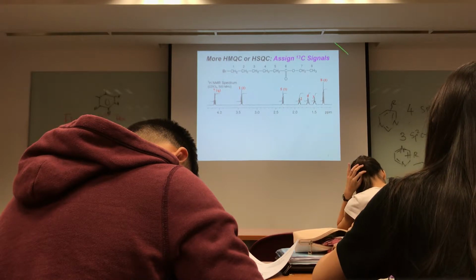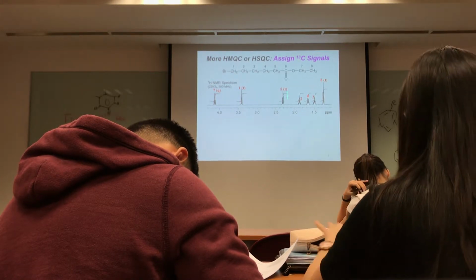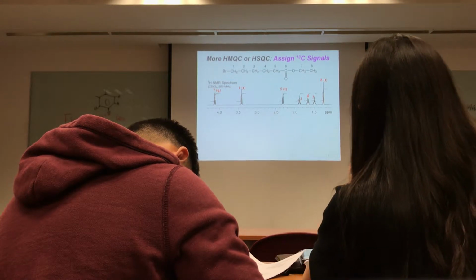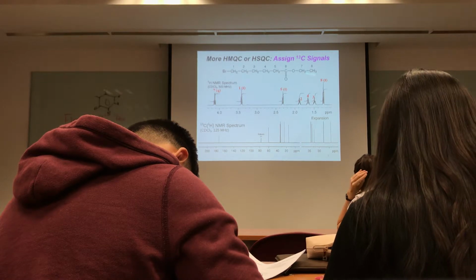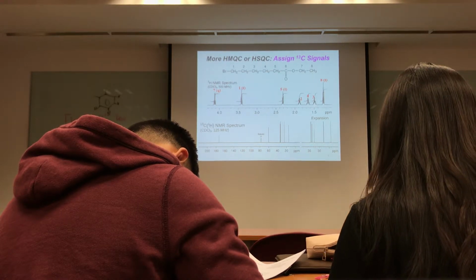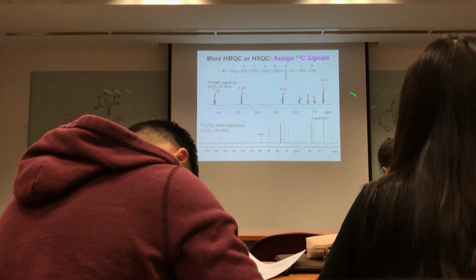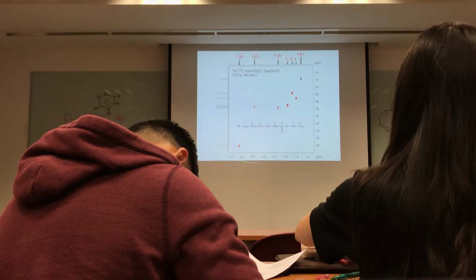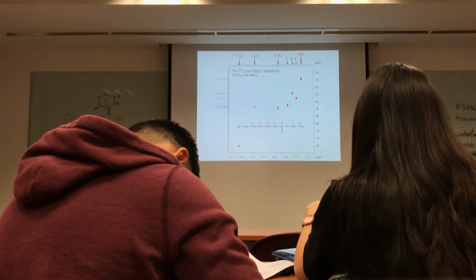It's the tutorial question. Last time with COSY, we could assign 2, 4, 3 with certainty. Now this is the carbon signal, and this is the proton signal. After we assign all the proton signals, with HSQC we can readily assign all the carbon signals.